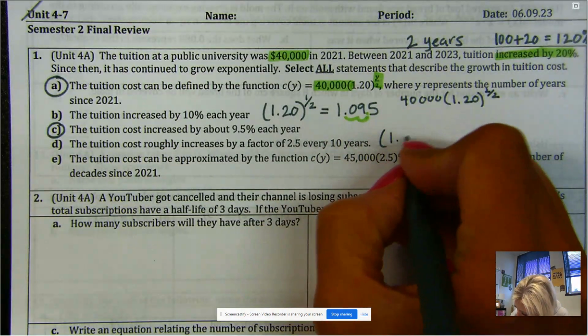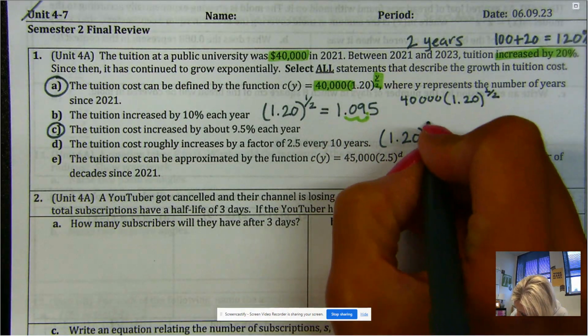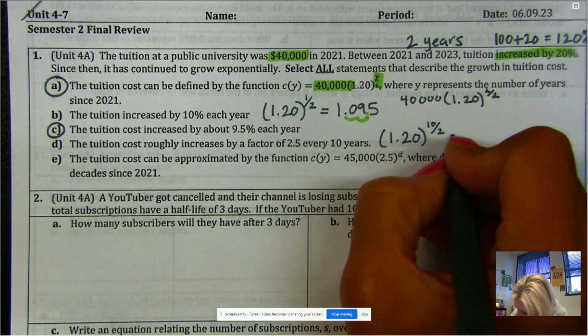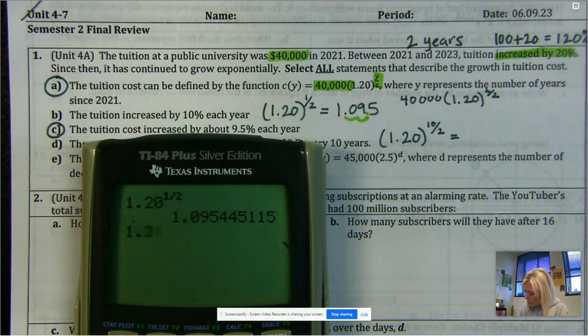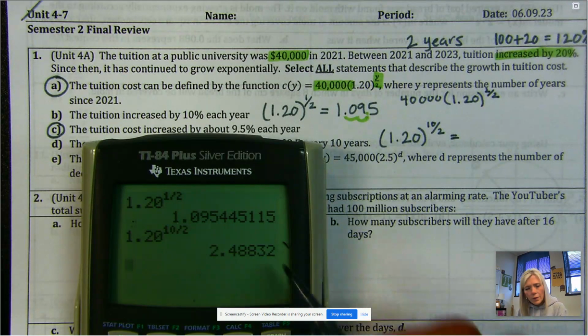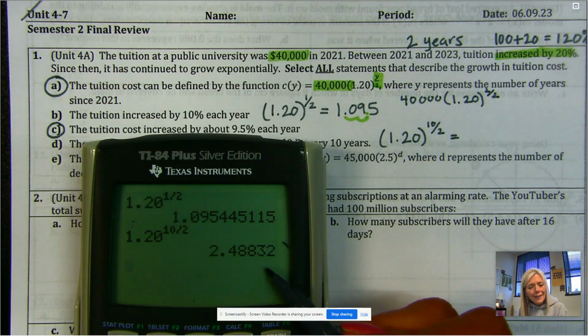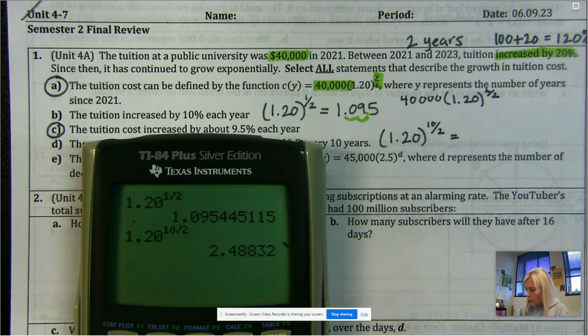So 1.20 to the 10 divided by 2. Oh, look at that, 2.488, which is about 2.5.